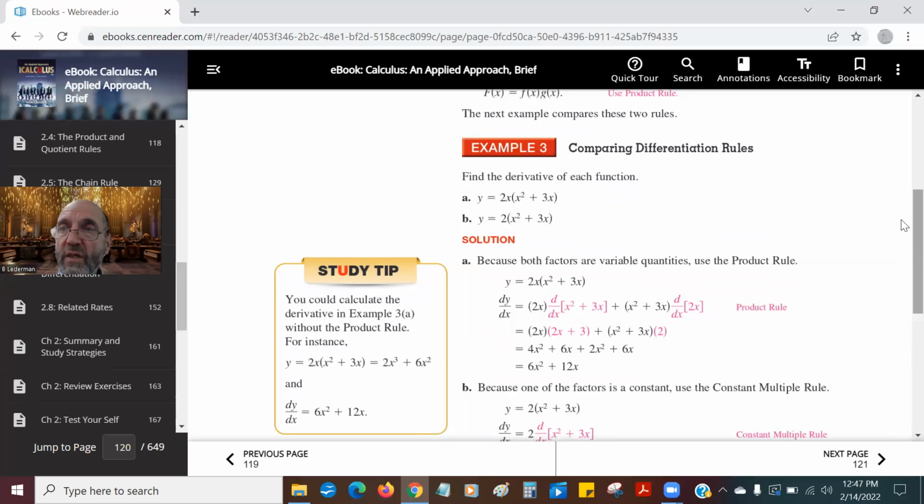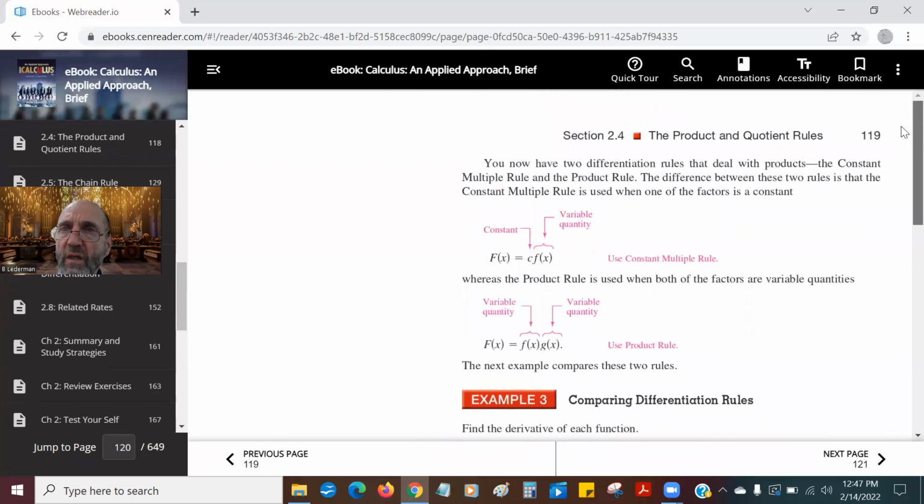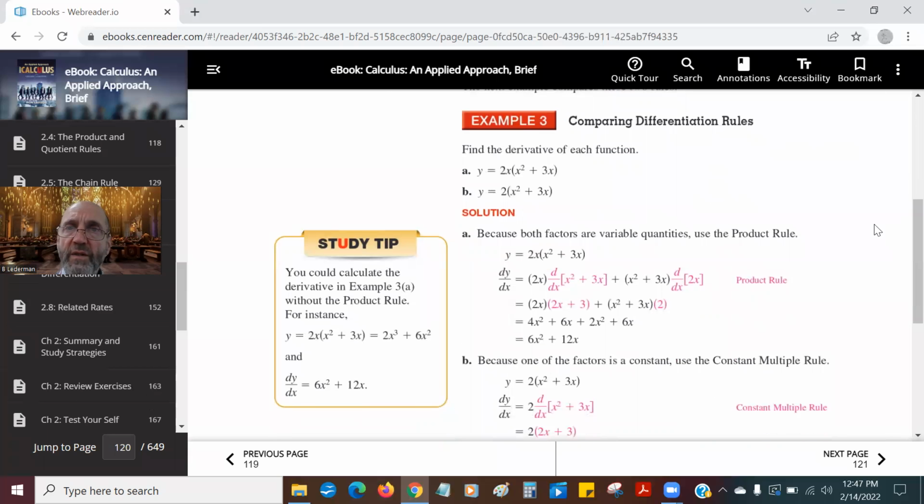Now we're going to find the derivative of these guys here. Okay, so y equals 2x times x squared plus 3x, and y equals 2 times x squared plus 3x. Now, by the way, instead of using the product rule, we could just distribute the 2x into the parentheses and do it straight.